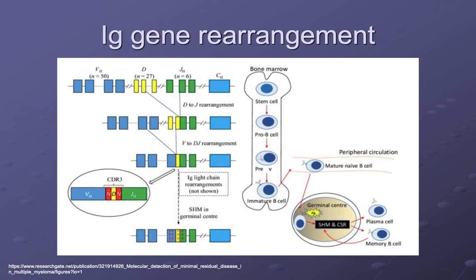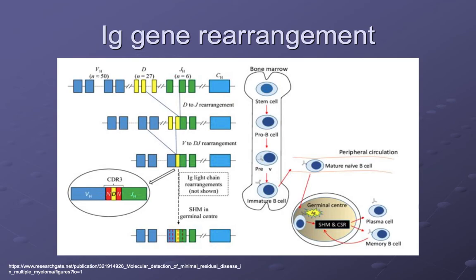Our naive B cells, with the expression of the intact surface IgB cell receptor, will now enter a state at which they're ready to undergo further maturation in the germinal center of secondary lymphoid tissues, where antigens from the surroundings are expected to be presented to our naive and memory B cells.